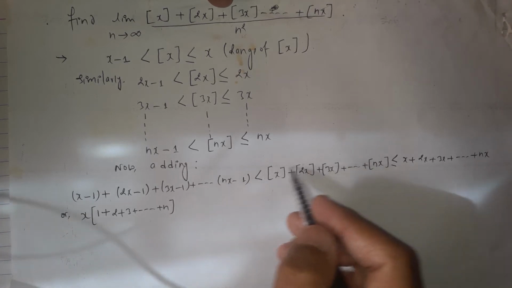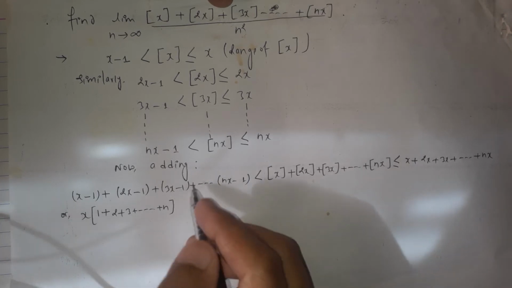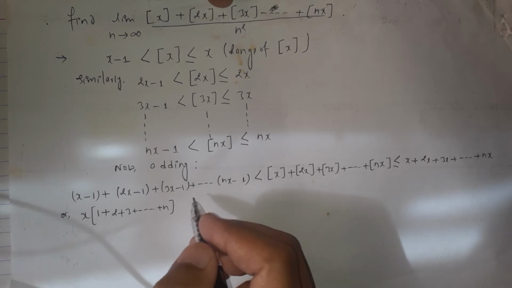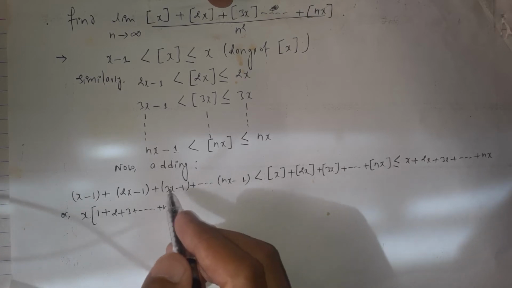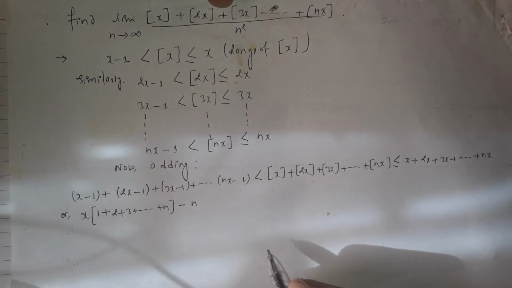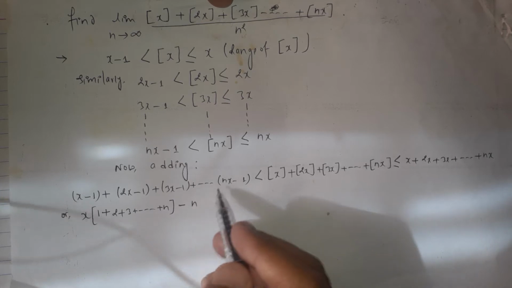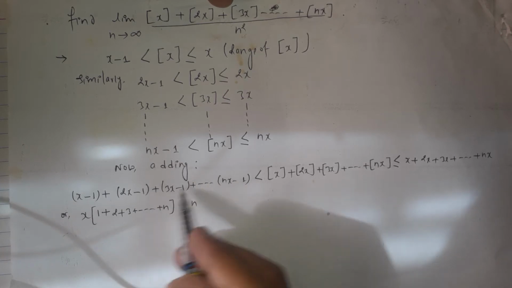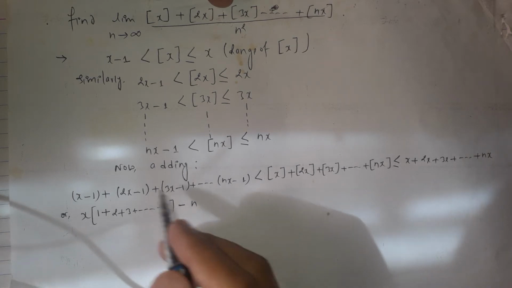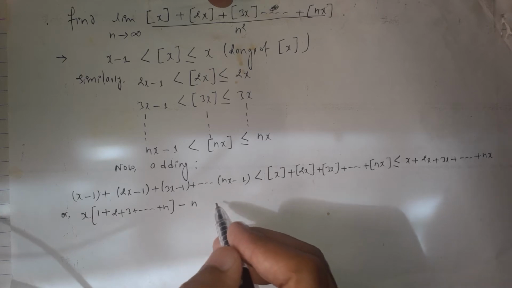Here we add these terms n times, so there are n negative 1 terms, and the sum of the n negative 1s will be negative n. Please remember, negative 1, negative 1, up to n terms. How many negative 1s here? n of them, so their sum will be negative n.